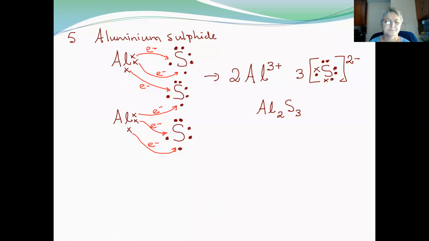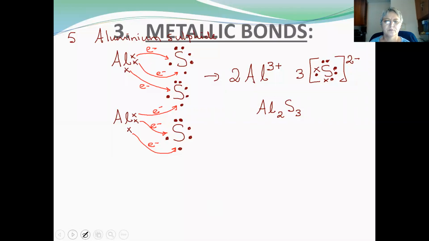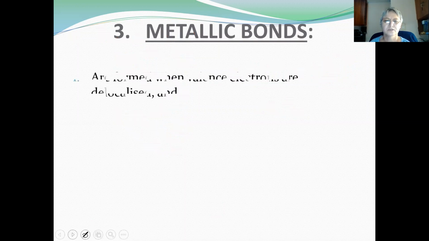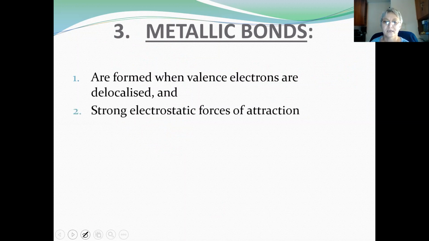Right. We're moving on to metallic bonds now. Metallic bonds are formed when valence electrons are delocalized, and there will still be strong electrostatic forces of attraction between the delocalized electrons and the positive atomic nuclei.